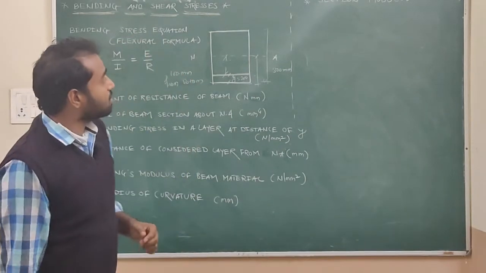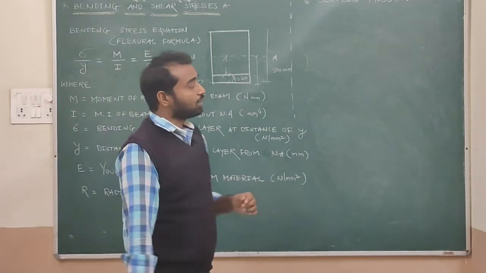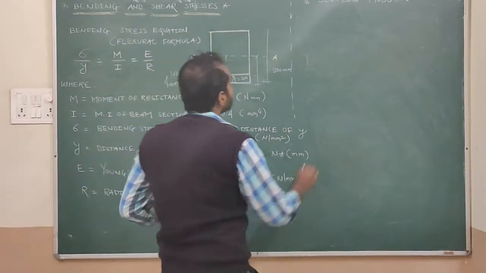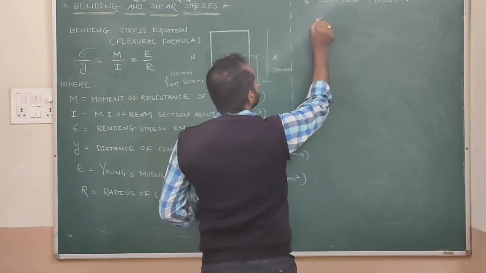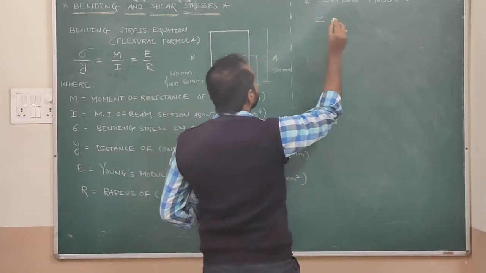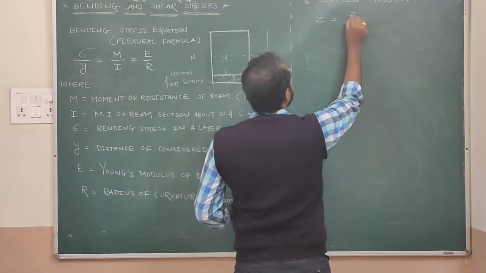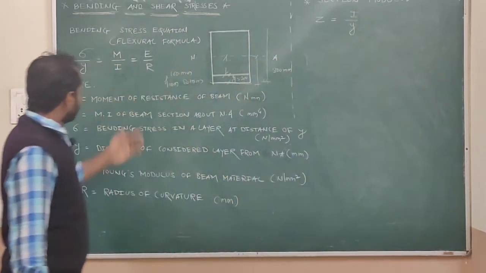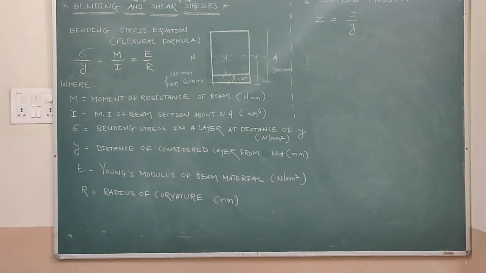Now, the next important terminology in this case is the section modulus. The section modulus is given by the formula Z is equal to the moment of inertia upon the distance from your neutral axis.